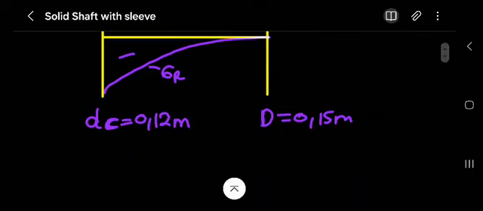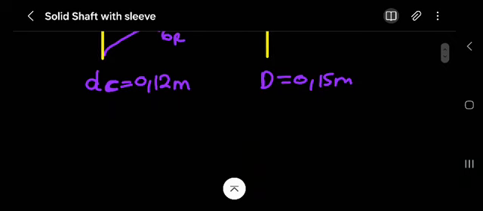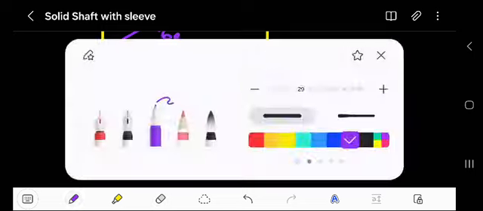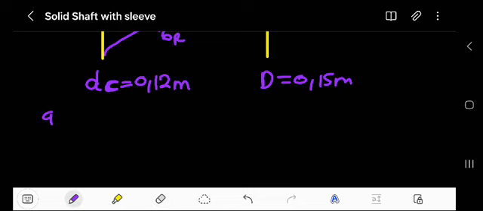So now let's start with the radial stress. I can tell the examiner that I'm working at the common diameter, because now that we have a sleeve, we're dealing with the common diameter, guys.